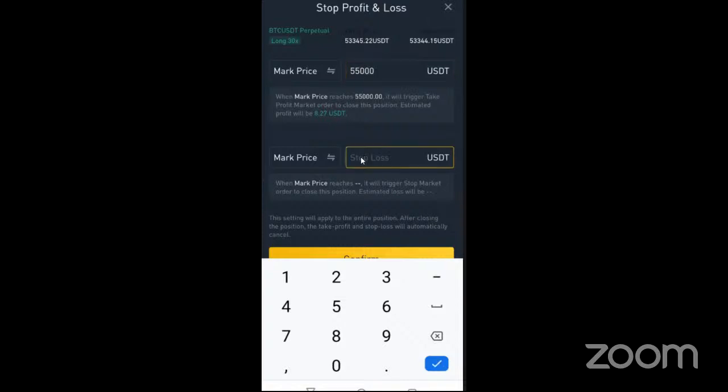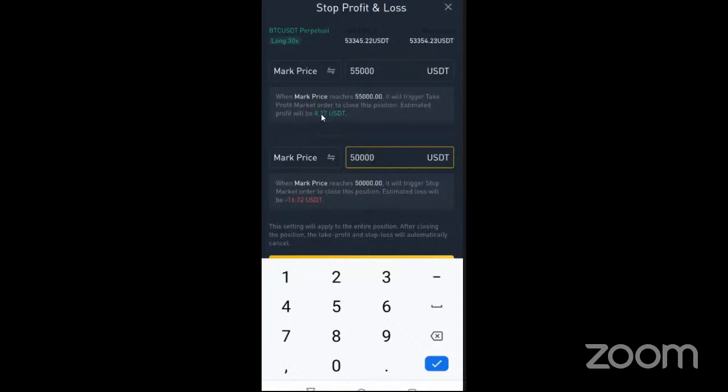Then stop loss. At what price level do I want to go out? So I can set the stop loss to be, okay, I want to be out if price gets to $50,000, which is a price less than that. So you can see that it's telling me that I'm going to be losing $16 if price goes to $50,000.